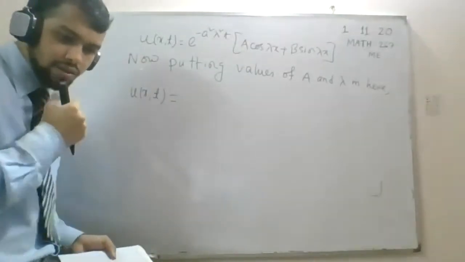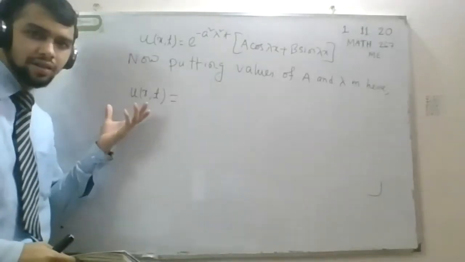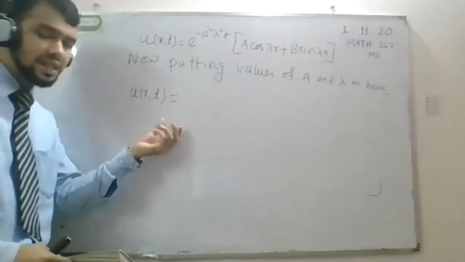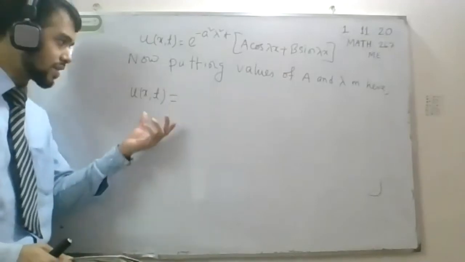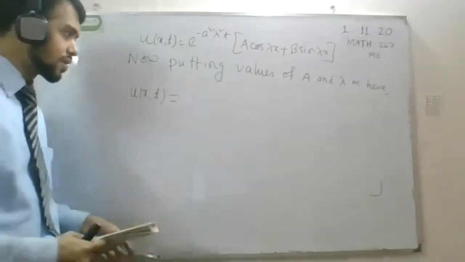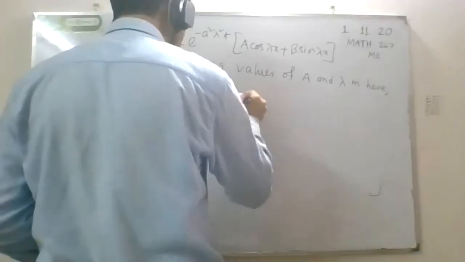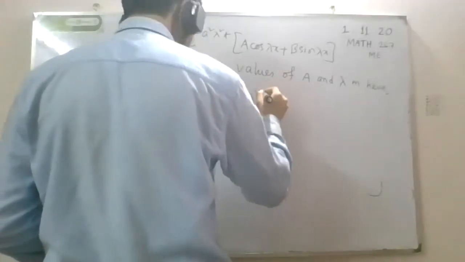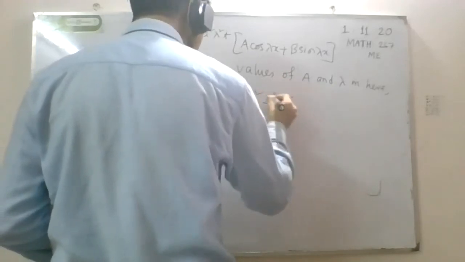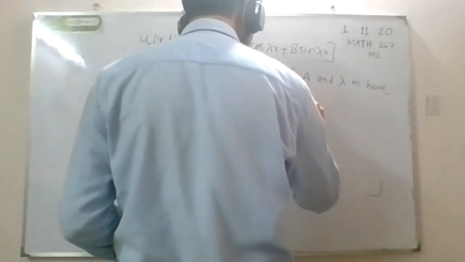superposition principle. Okay, because আমি তোমাদেরকে আগেই বলেছি যে superposition principle আমি গত ক্লাসে বলেছিলাম, you have to find out the new constants and values, which is here B and also lambda. So that's why you have to use superposition principle here. Okay. So that's why you can write the summation of e to the power minus a square lambda square t, lambda means n pi by l, that means n square pi square by l square, also here t.